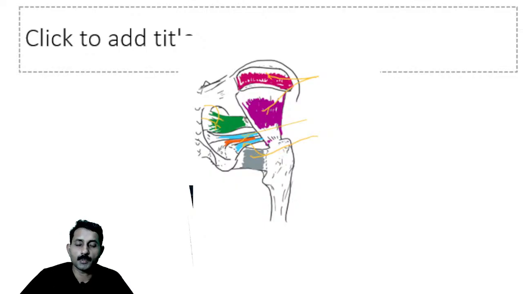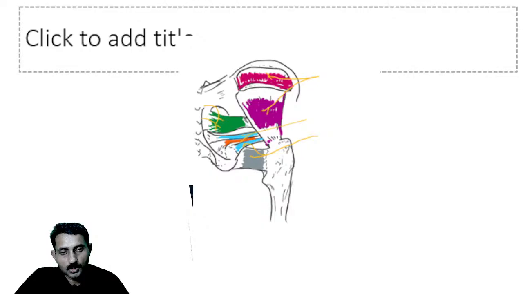Now we'll come to the nerve supply. Now see here, nearby to this, we got only two nerves. We don't have a gemellus nerve. We have only the nerve to obturator internus and the nerve to quadratus femoris.